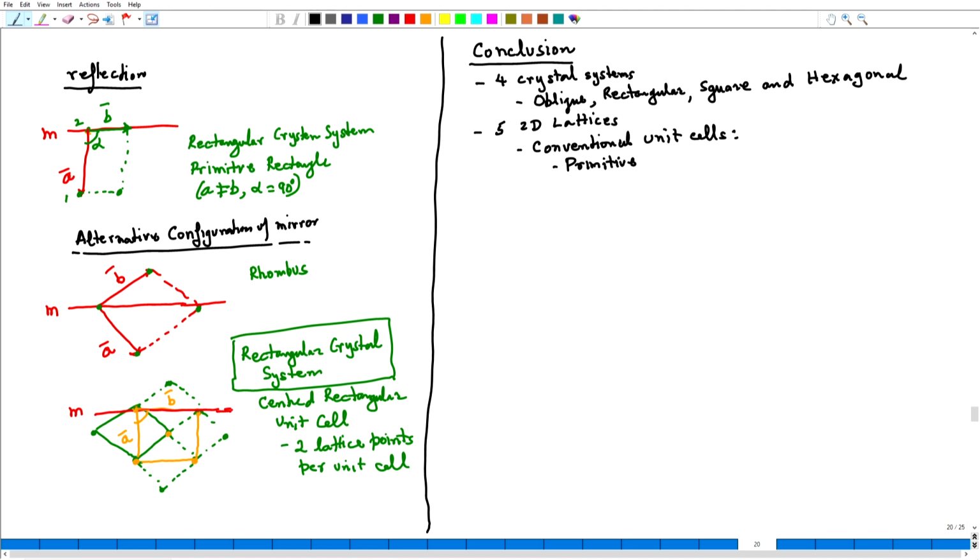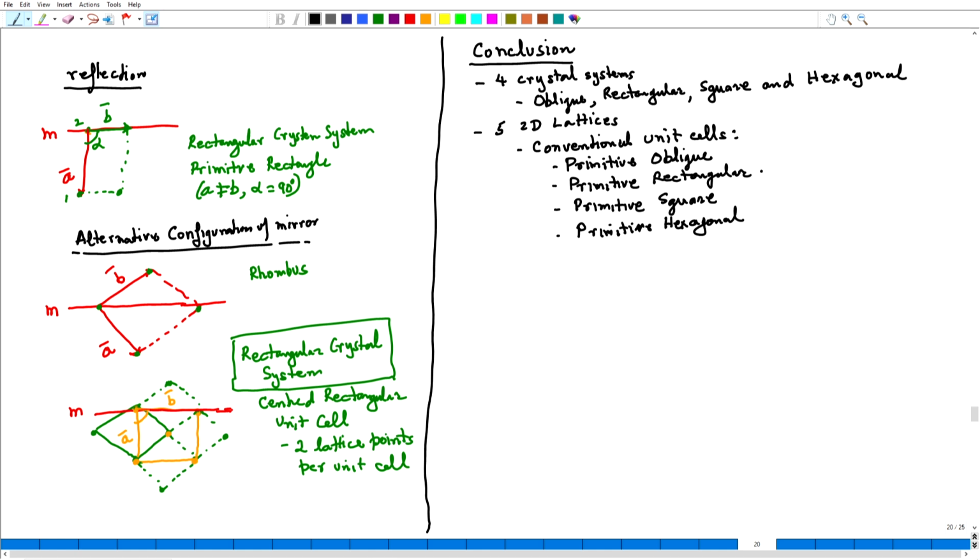primitive oblique, primitive rectangular, primitive square, primitive hexagonal, and so far 4.